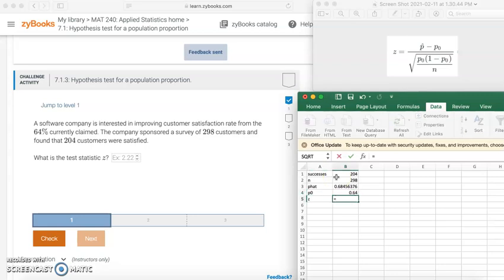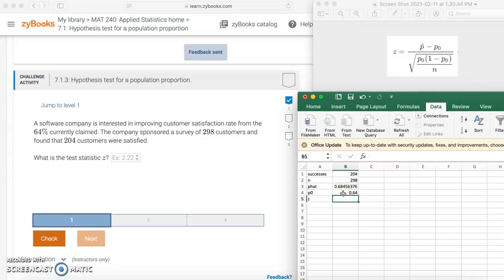So we have equals. On the top, we have p hat minus p naught divided by square root of p naught times 1 minus p naught. And what's nice is once you type this in, if you use it all as a formula like this, then you can reuse it for other problems. So close that parenthesis, divide.